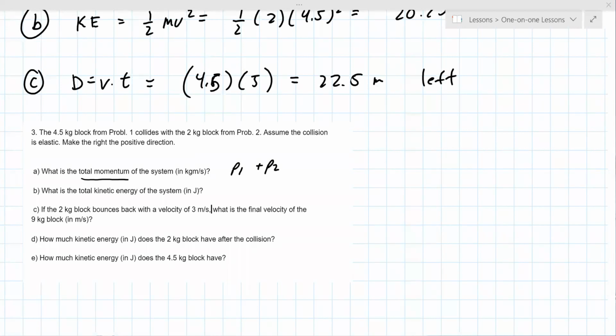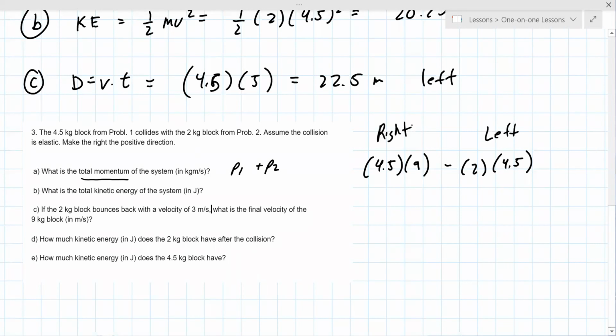So that's 4.5 times 9, and then minus 2 times 4.5 because it's moving to the left. It tells you that the second block is moving left. The first one is moving right.